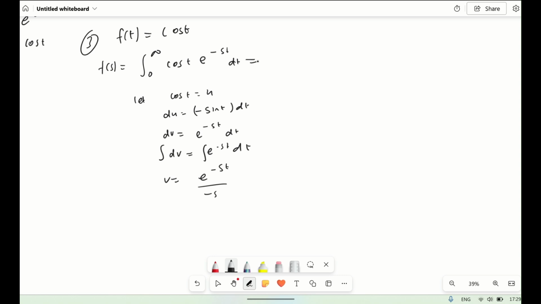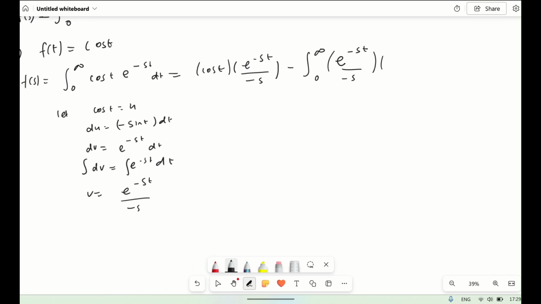So our u is cos t, our v is e to the negative st all over negative s, minus an integral from 0 to infinity of e to the negative st all over negative s, multiplied by negative sin t dt.